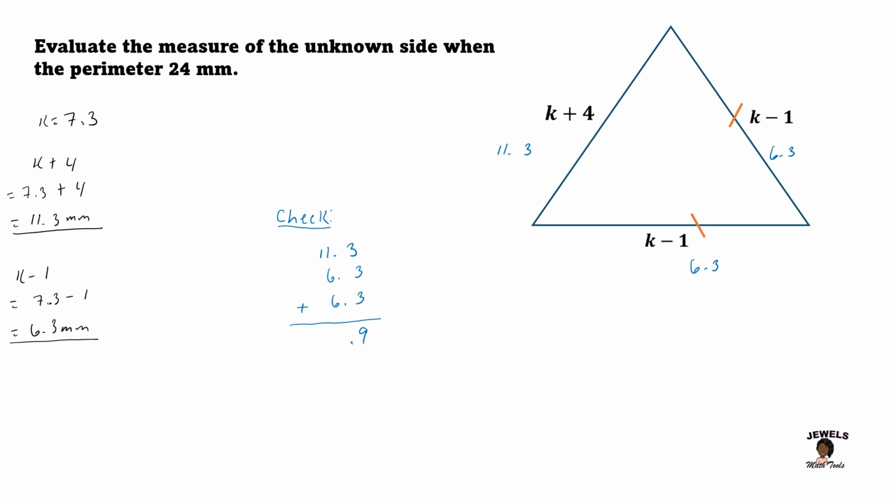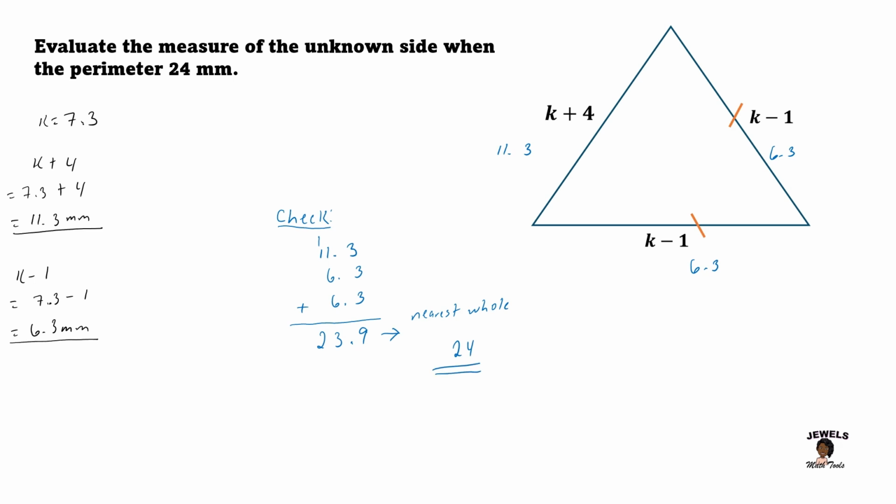We have 6 plus 6 is 12. 12 plus 1 is equal to 13. We put our 3, carry the 1. 1 plus 1 is 2. And as I said, we have 23.9. And if we were to round this to the nearest whole number, this will equal 24.